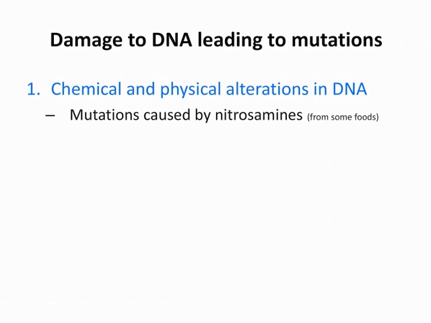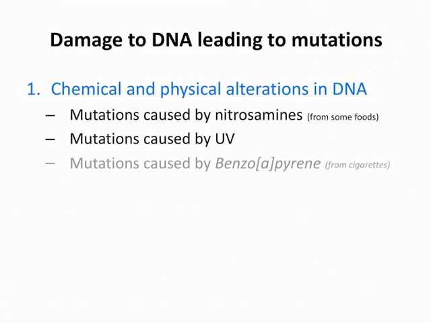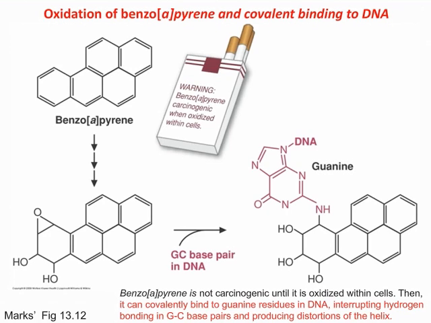So other chemical and physical alterations in DNA include mutations caused by UV, mutations caused by benzo-a-pyrene, which is from cigarettes, and we've learned about that before. So here's a slide we've seen before, oxidation of benzo-a-pyrene. So benzo-a-pyrene is not carcinogenic until it's oxidized within the cells.